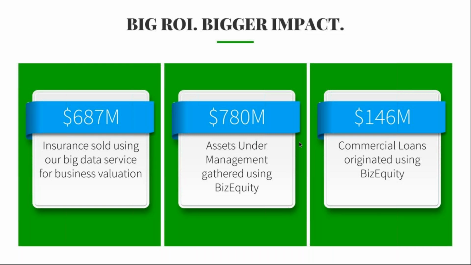We're making an impact not only on the folks using our platform, our subscribers, but more so think about the impact on the business owner and the employees of those businesses, right? We know that they're better protected. We know that they're getting better advice, and we know that they're properly funded. We see this growing exponentially the more people are marketing the BizEquity platform. And so we're very excited about that.